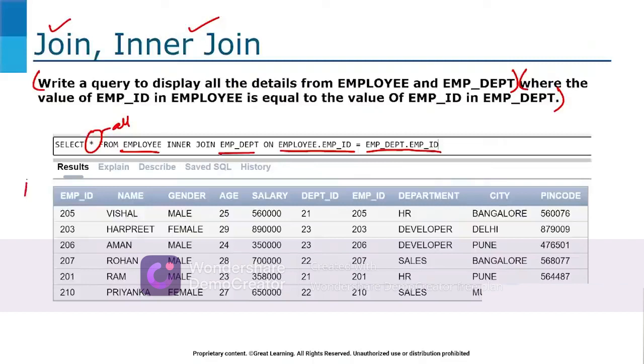But one more thing to focus on here, guys. Employee ID is coming twice, right? Whenever you are using inner join, the common column from the two tables will come in twice. That means a duplicate column will come. So you can see employee ID is coming twice. The data is also the same. Only the common detail is coming.